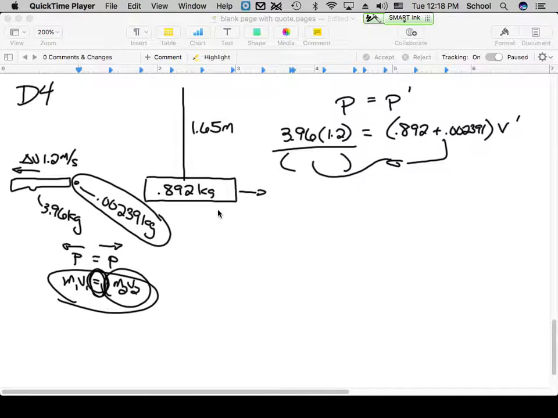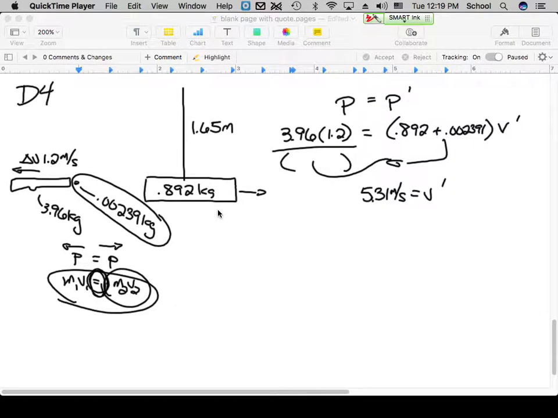And then we'll solve for V. That's the first step. Part B then asked, how high upward does it swing?